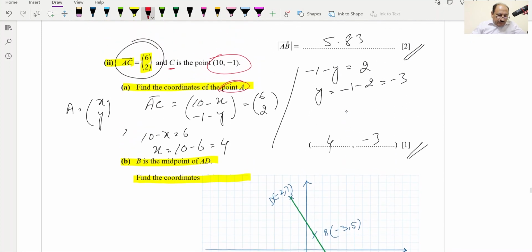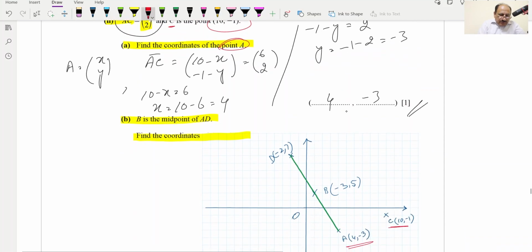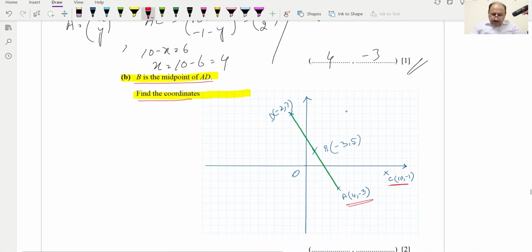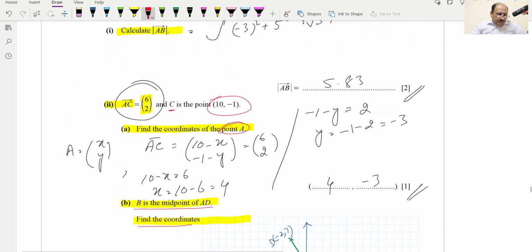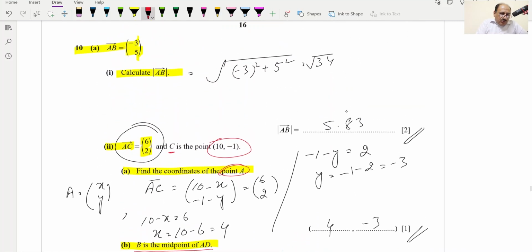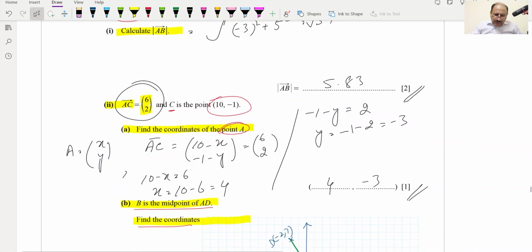Then what else we have? They are saying B is midpoint of AD. So B is midpoint of AD. Find the coordinates. So we need to find the coordinates of this one. From where we got B, we know that AB is equal to this one. A we already have, and A point we found 4 and minus 3.